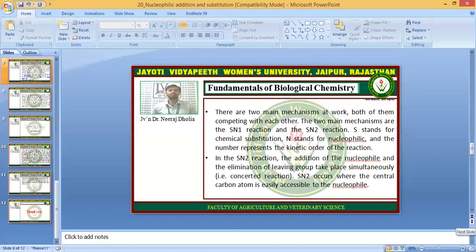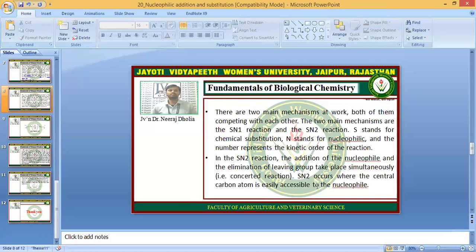So there are two main mechanisms at work, both of them competing with each other, for nucleophilic substitution. The two main mechanisms are the SN1 reaction and the SN2 reaction. S is substitution, N is nucleophilic. The number represents the kinetic order of the reaction. In the SN2 reaction, the addition of the nucleophile and the elimination of the leaving group take place simultaneously.